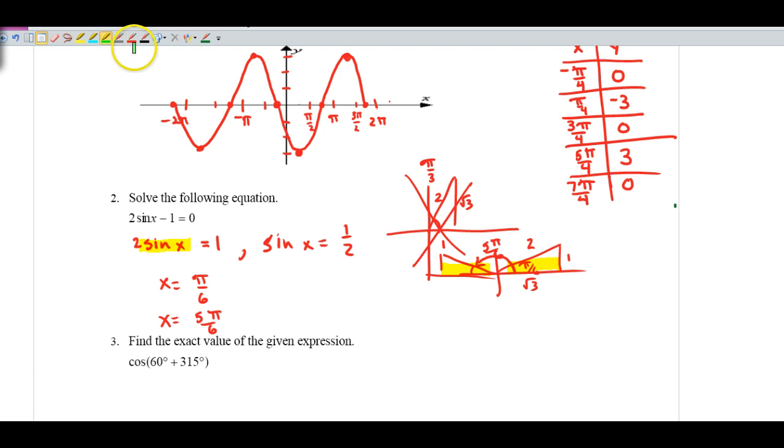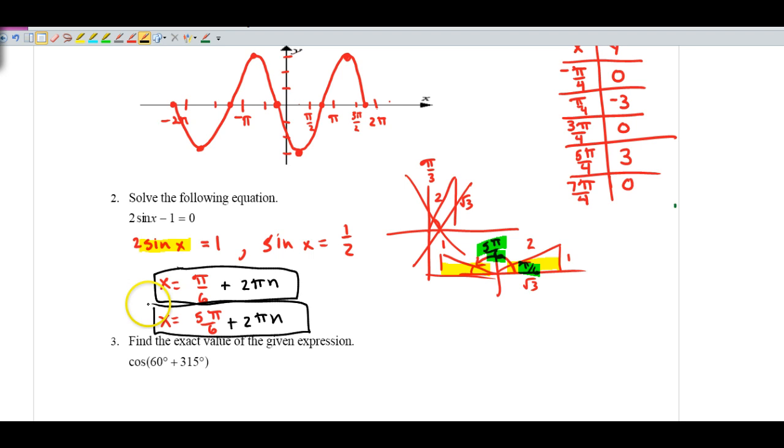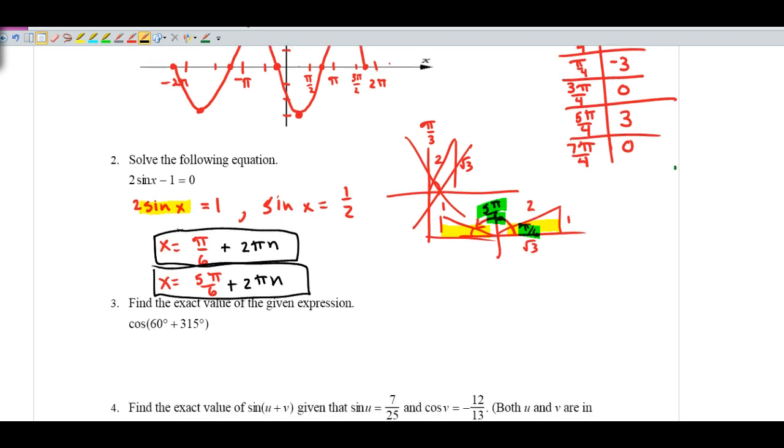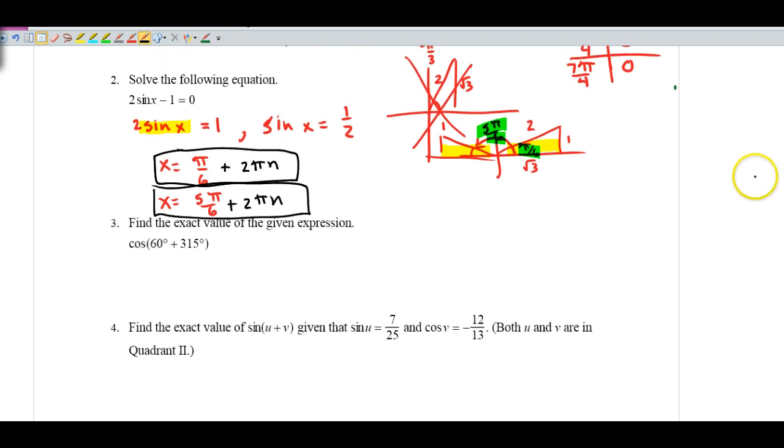So the two angles are 5 pi over 6 and pi over 6. Now this happens every 2 pi. So pi over 6 plus 2 pi n, and 5 pi over 6 plus 2 pi n are the solutions to that equation, because it happens every time it goes around.